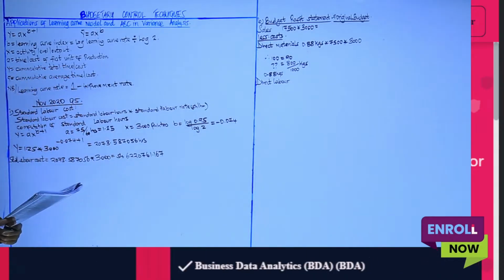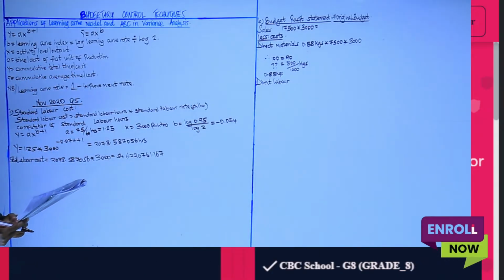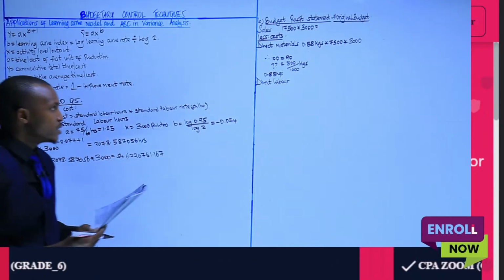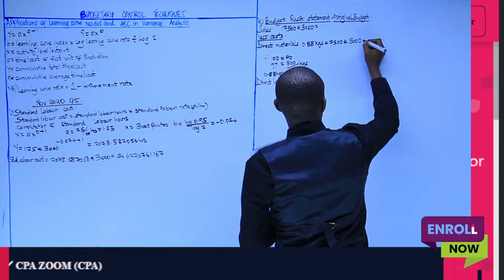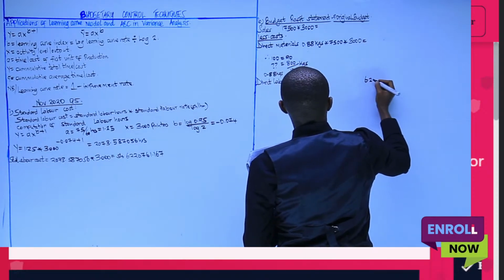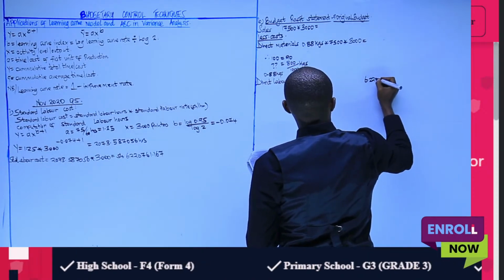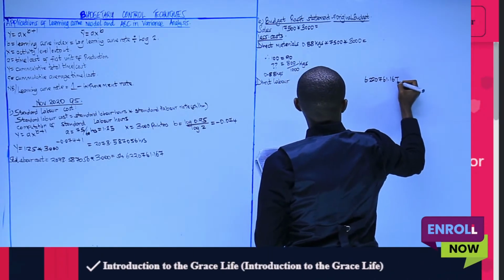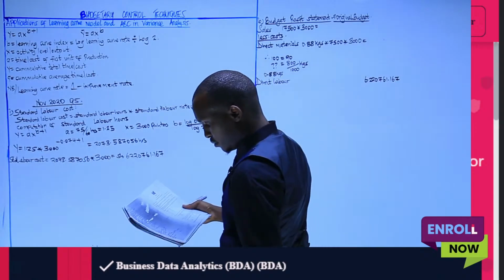And because of the learning curve effect, your labor cost, we determined it as 62,761.16.